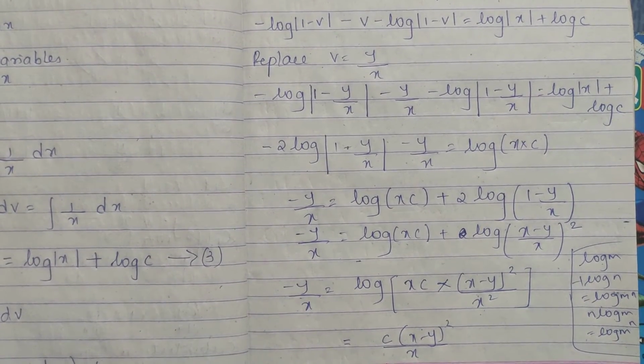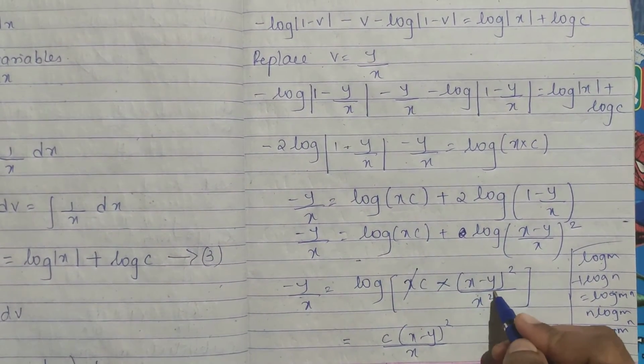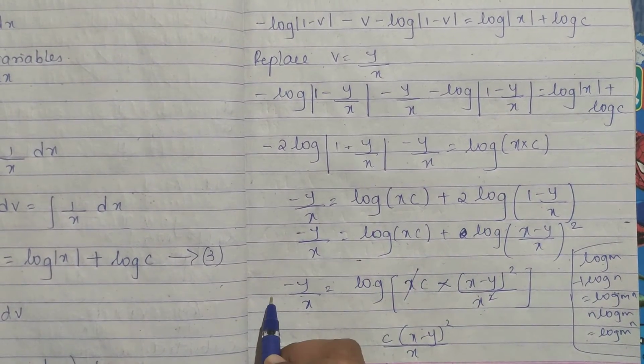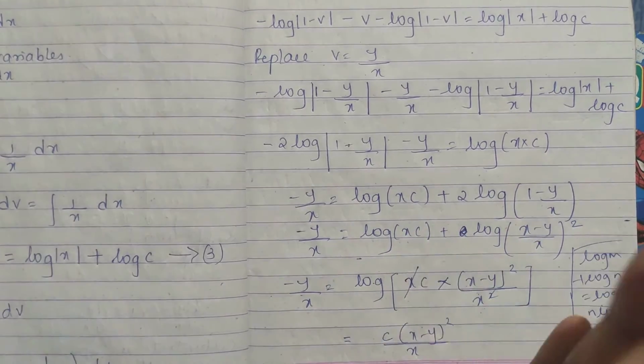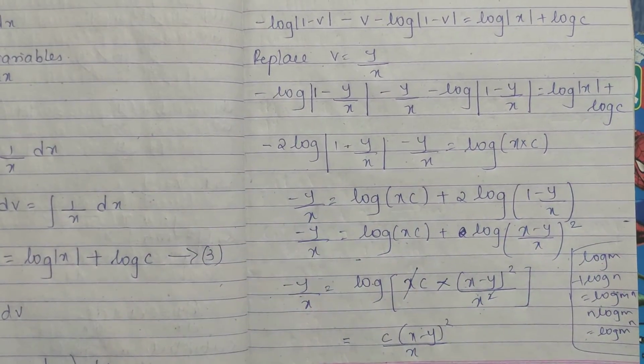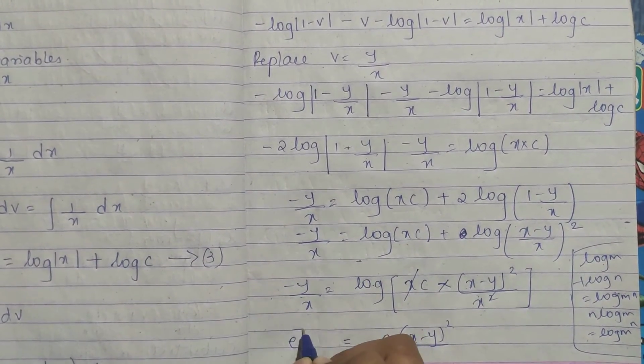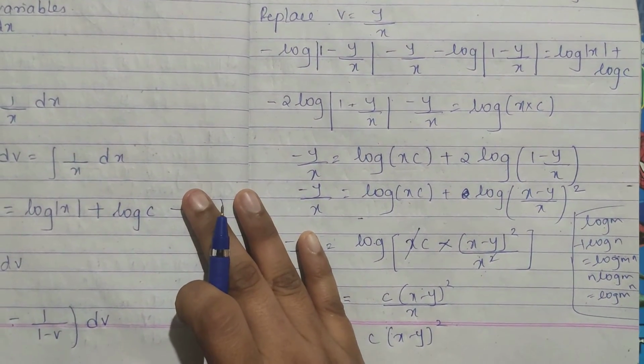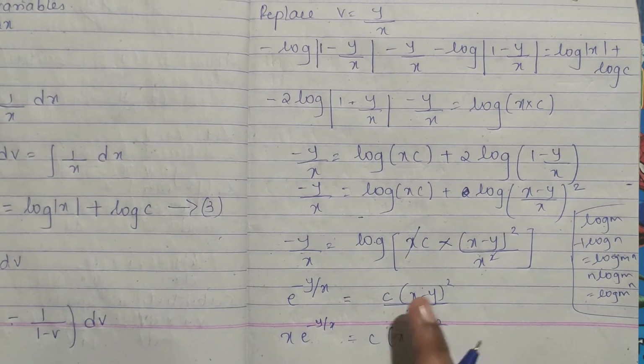So now next, after getting it, see here your x and 1 by x get cancelled off, it is x square, and when the log goes here, I have told you, whenever log is on the left or right, if it is going to the opposite side, it turns to e. So e raised to minus y by x. So this becomes e raised to minus y by x is equal to c x minus y the whole square divided by x.